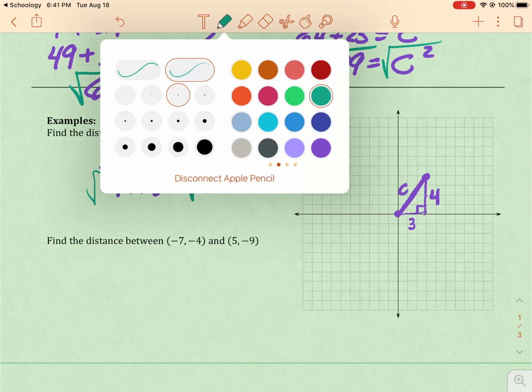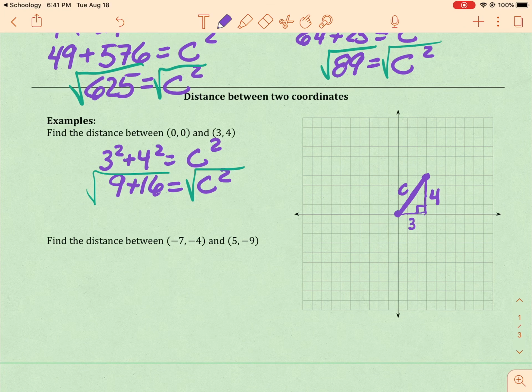When we square root both sides, the square root of 25 is 5. So this distance is 5. A 3, 4, 5 is actually a Pythagorean triple, but we can always use the Pythagorean theorem to actually solve it.